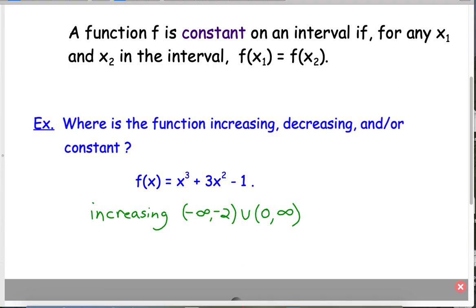And then the function is decreasing between negative 2 and 0. So negative 2 comma 0. And notice, because we're using negative 2 in both the increasing interval and the decreasing interval, we're not going to consider it as being part of one and not the other. So we're just going to use parentheses on everything for increasing and decreasing.